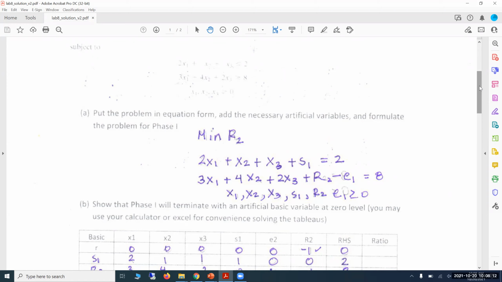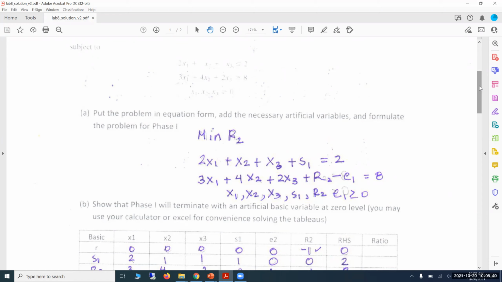But this applies for 3 dimensions, 4 dimensions, 100 dimensions. So we have a feasible region. Let's say this is a constraint that is greater or equal to. This is a less than or equal to constraint. And then you have a feasible region that is here.